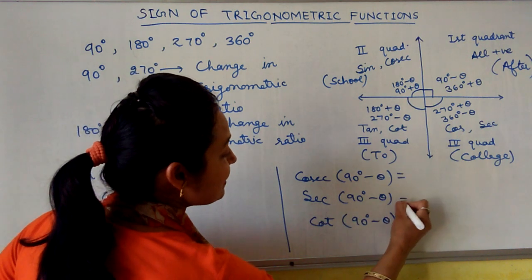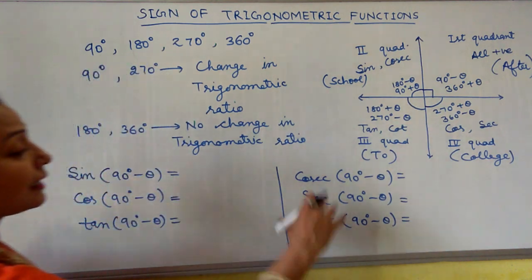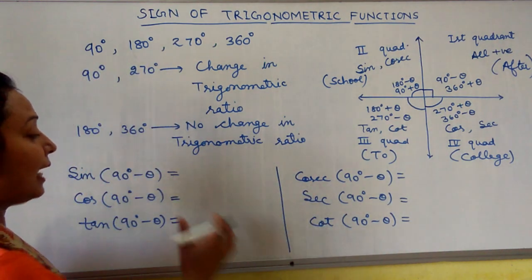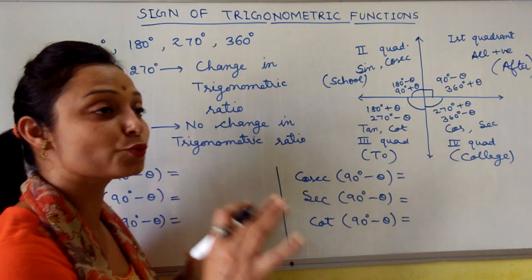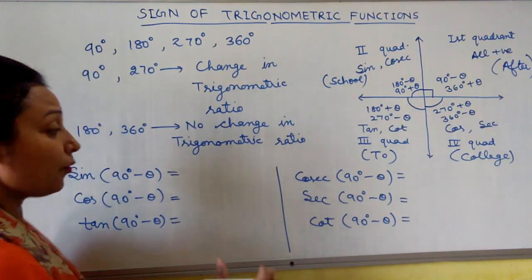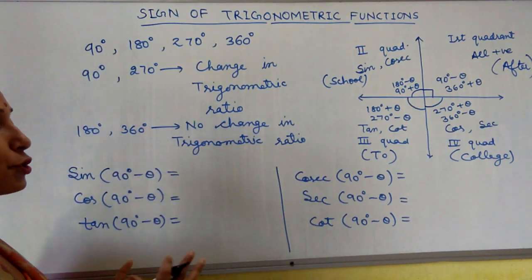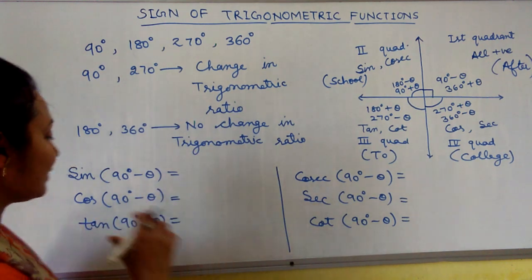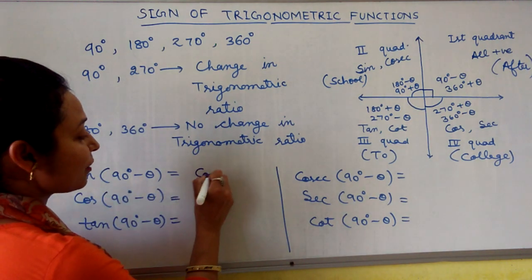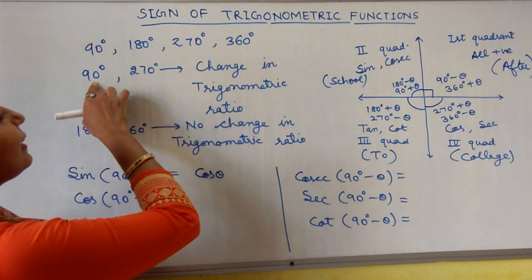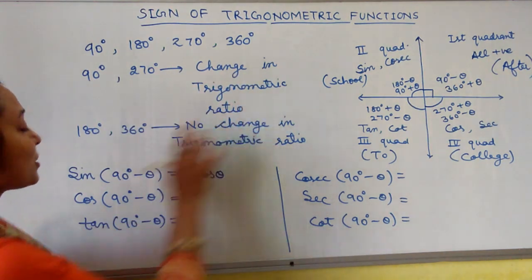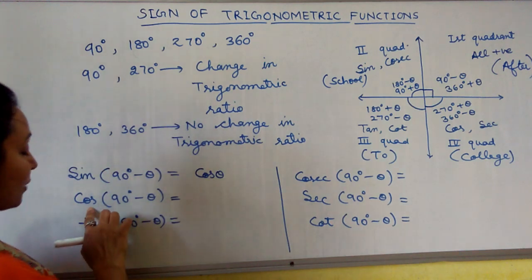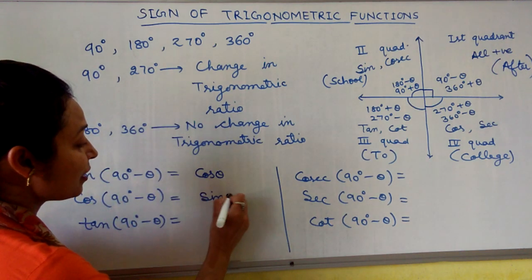I will take the sign of all these 6 trigonometric functions at 90, 180, 270 and 360. These 6 trigonometric ratios you all have done in class 10. You have done sin 90 minus theta, that is cos theta, which means at 90 there is a change in the trigonometric ratio. Sin will change into cos and cos will change into sin.